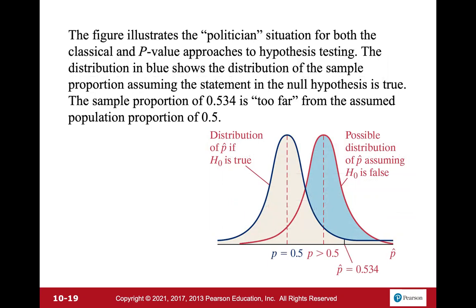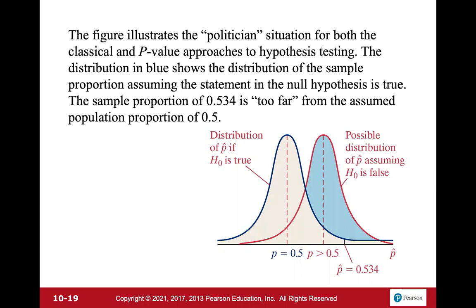All right, with this one, the figure illustrates the politician situation. So for both the classical and p-value approach to hypothesis testing, the distribution in blue shows the sampling distribution of the sample proportion, assuming the statement in the null hypothesis is true.